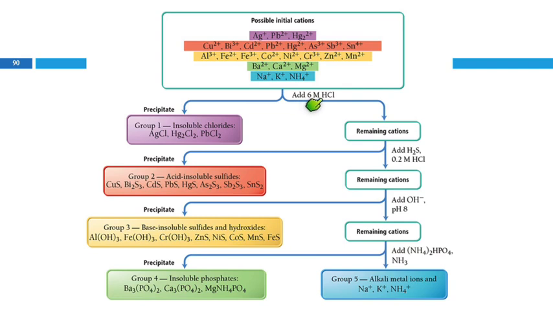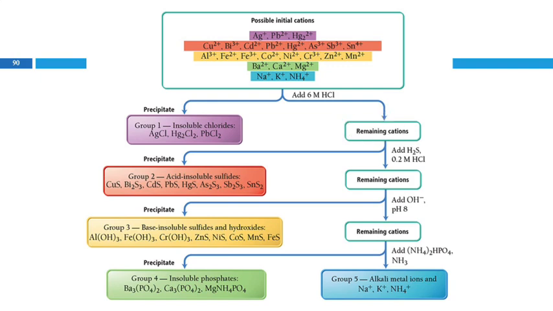If you add 6 molar HCl, we can precipitate out all the insoluble chlorides. Now, if you have all 3 of these in here, they're all going to come out together, and that might not be what you want. If you only had one of those, then you're in luck.